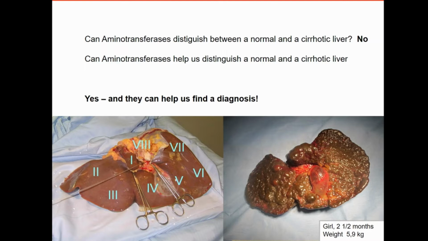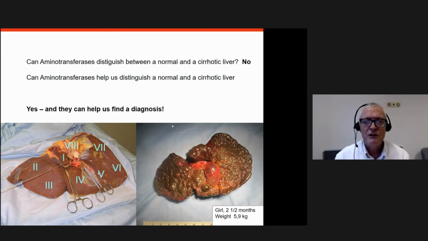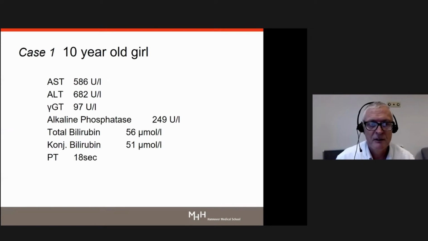But can aminotransferases help us distinguish? Yes, they may, but more importantly, they can not only tell us good or bad, they can help identify a diagnosis. Three examples for this, three case scenarios. And again, you think about the answer.